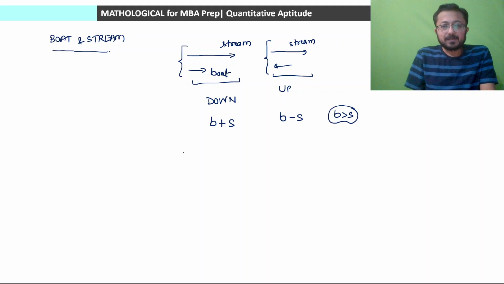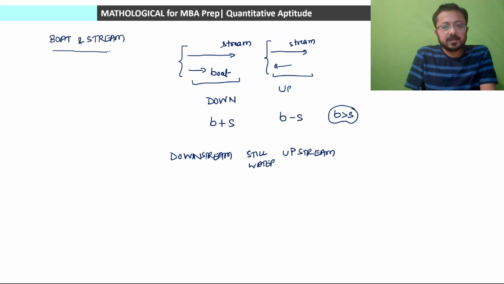So basically we will have three speeds. One is the downstream speed, the other is the upstream speed, and between them there's the speed when only the boat is there, in still water.